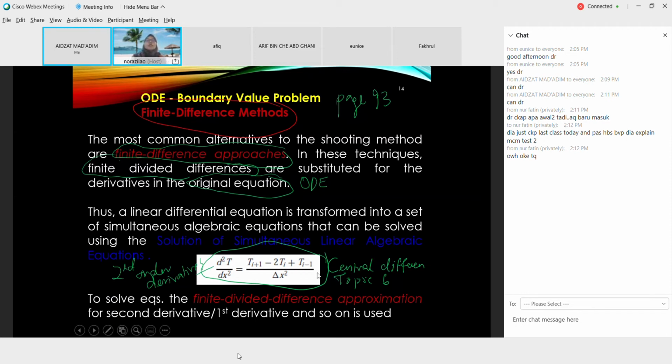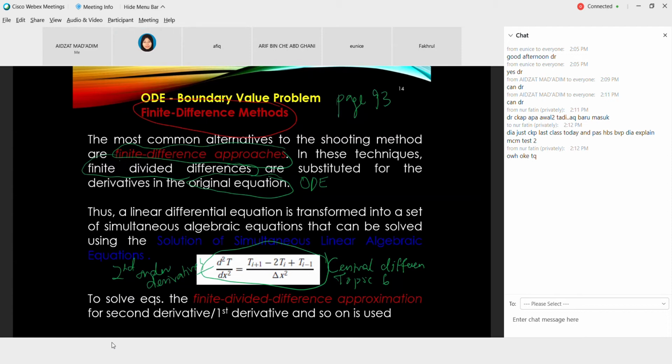Okay. So for boundary value problems, do not use forward or backward. Directly apply the second order derivative using central finite difference. You always need to use this formula, this formula for the second order derivative.